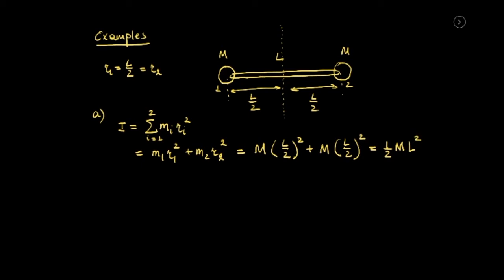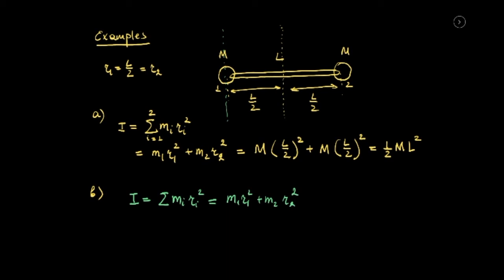Now let's find the moment of inertia around the axis which passes through one of the masses. Then I is again the summation of m_i r_i squared, so m1 r1 squared plus m2 r2 squared.